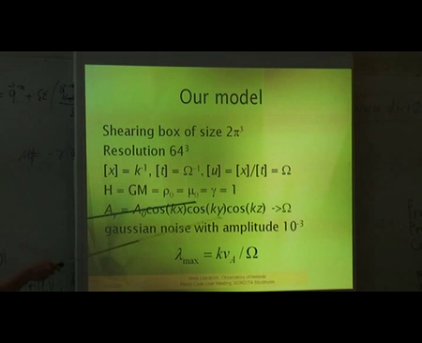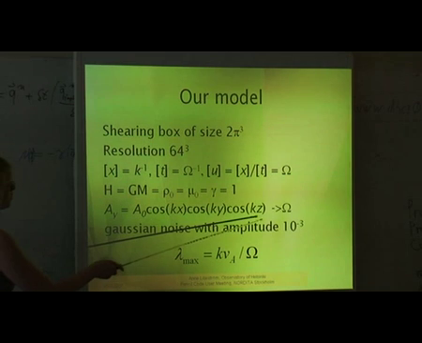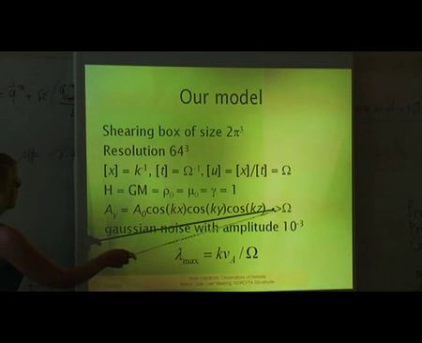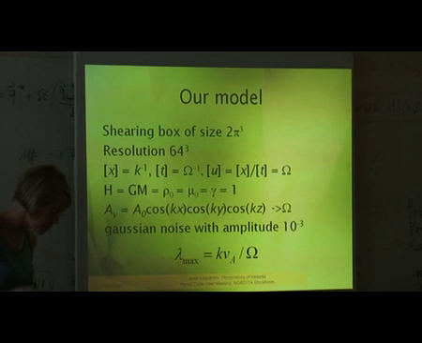We used dimensionless parameters, set all of these as one. As I mentioned, it was isothermal. And our magnetic field configuration looked like this, and we always set the amplitude to be the same as the angular velocity.